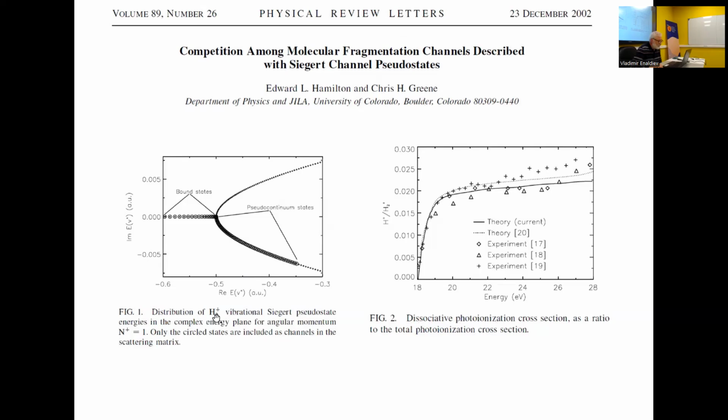So when the electron is detached by absorbing a photon, the two nuclei naturally dissociate. They calculated this Siegert pseudo-state for this system, and applying algebraic formulas using this Siegert pseudo-state, they obtained this dissociative photoionization cross-section. I don't show the details of how they did, but this is the scenario of many applications of this method in different realistic collision problems.